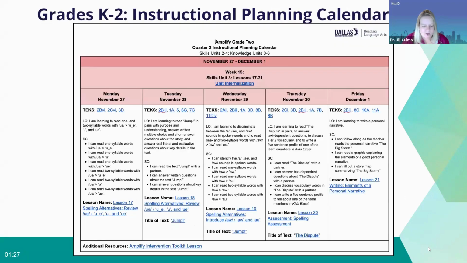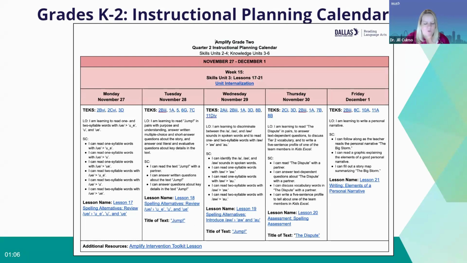As you may already know, the K-2 IPCs are 2 pages as they contain both the knowledge lessons for each week as well as the skills lessons. Let's first take a look at the IPC for skills. The IPC is a week-by-week document that showcases the day on which the lesson is taught.